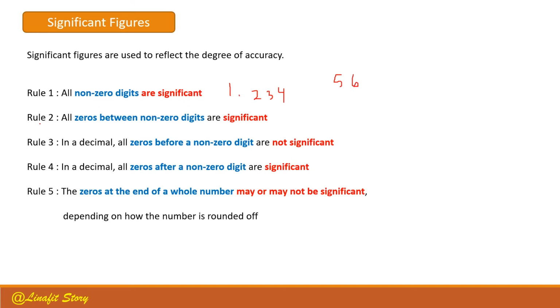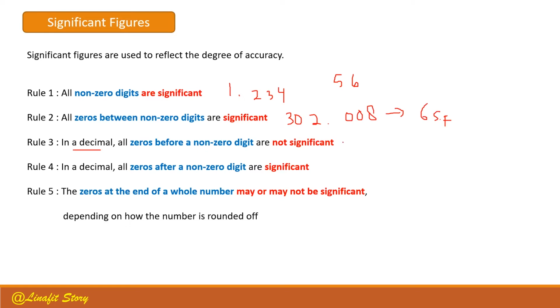Next, rule 2. All zeros between non-zero digits are significant. For example, 302.008. It has 6 significant figures. Rule 3. In a decimal, all zeros before a non-zero digit are not significant.